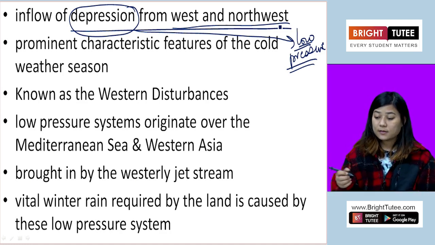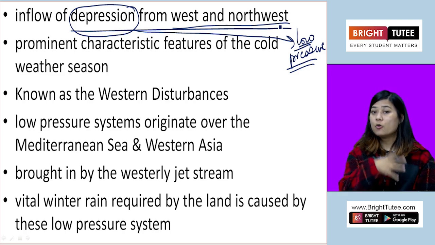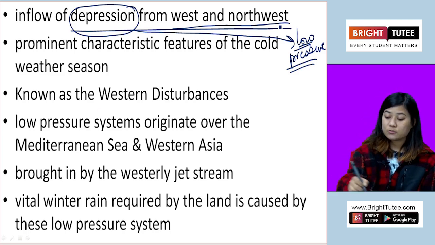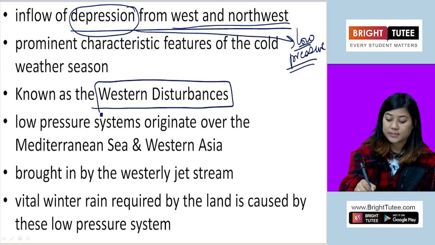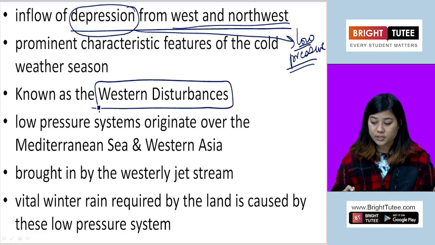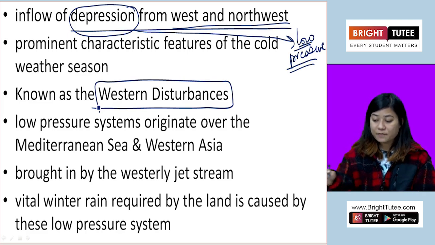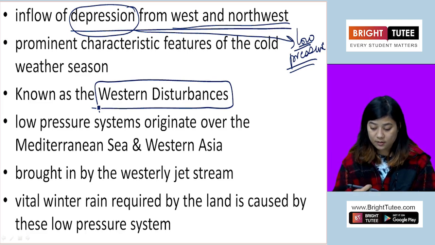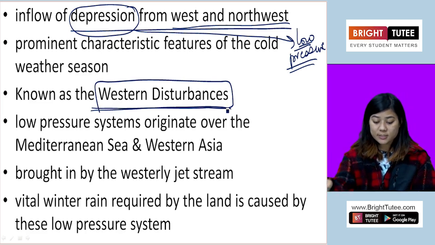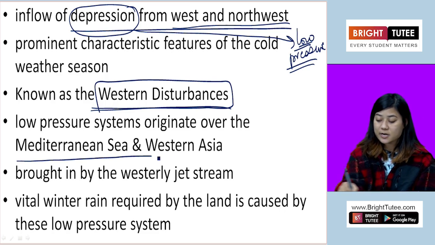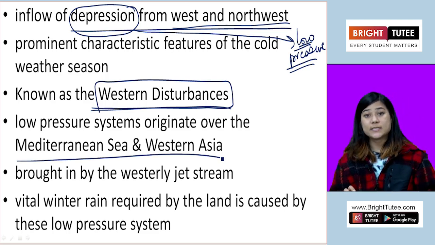Now this depression, this low pressure from the west and northwest, is known as the western disturbances because it's coming from the western side of our country. Okay. And this affects the cold weather season that we experience in India. Okay. Now this western disturbance, it's the wind. Okay. This actually originates over the Mediterranean Sea and Western Asia.